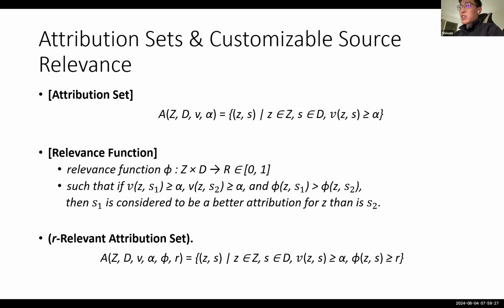It just returns an additional score, and the higher the score, the better the attribution is. Based on this definition, we can also define the R-relevant attribution set, which adds another requirement that the relevancy should be larger than R.